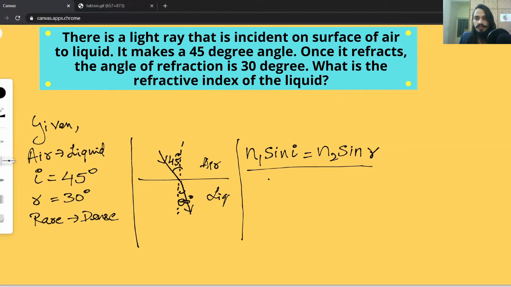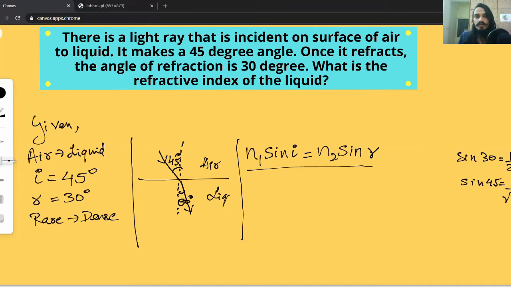For sums like this, where there's 30 and 45, there's a table that you can quickly refer to, wherein sine 30 is 1 by 2 and sine 45 is 1 by root 2.